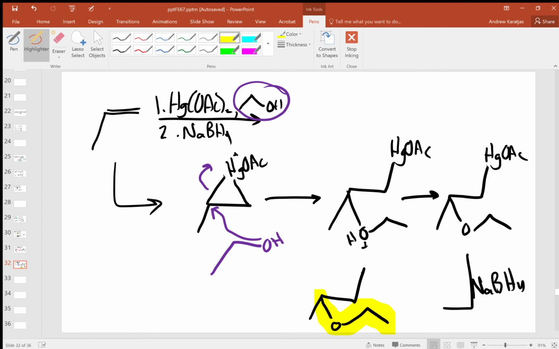So the oxymercuration reaction gives us some options. It's going to add that oxygen group at the more substituted position. But we have some diversity with products in that if we use water as our nucleophile, we get an alcohol. But if we use an alcohol as our nucleophile, we end up with an ether.